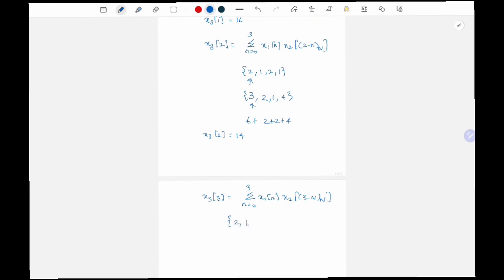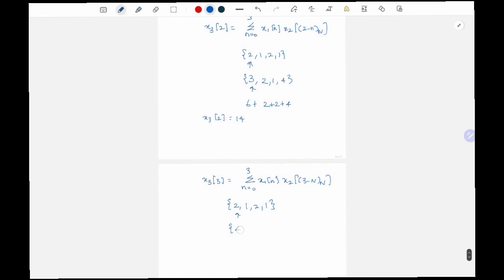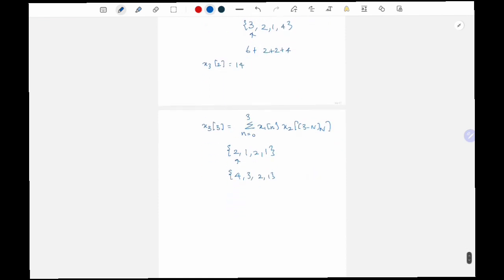So this is nothing but 2, 1, 2, 1 multiplied with 4, 3, 2, 1. I'm just right shifting this by 1. So multiply this: 8 plus 3 plus 4 plus 1. Again 12 plus 4 is 16. So your x3 of 3 is equal to 16.